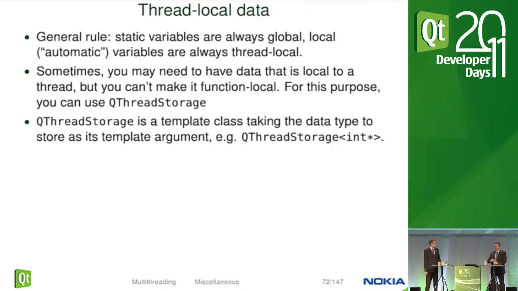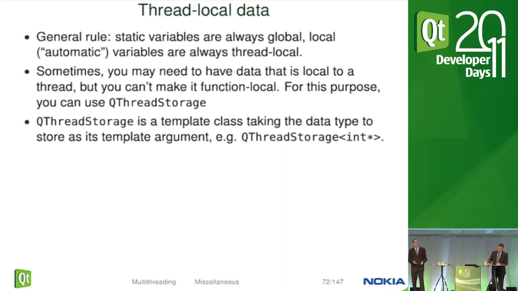That's the variable that you have in your methods. But it would be awesome if you could have a global variable that was global for a thread, but you have one variable per each thread. Right, and that's exactly what QThreadStorage gives us.